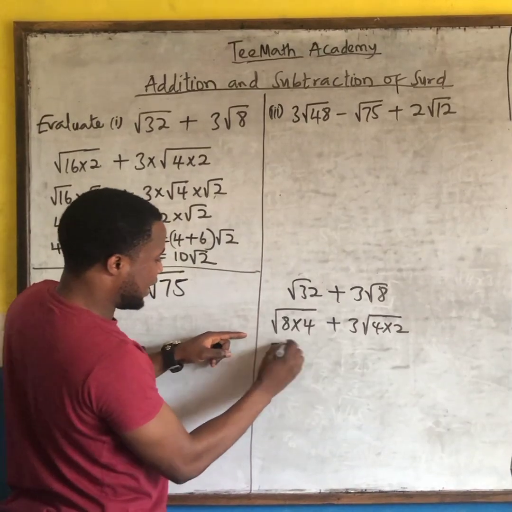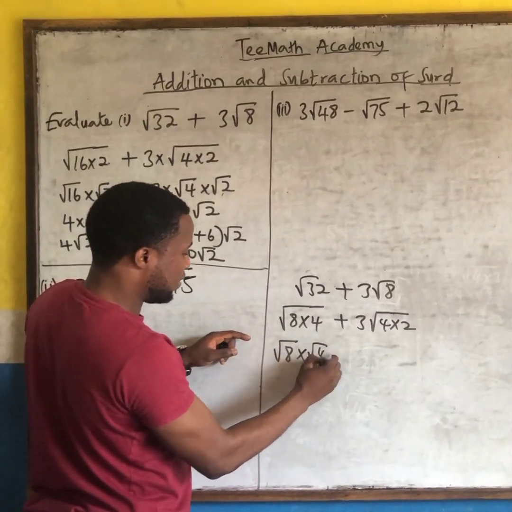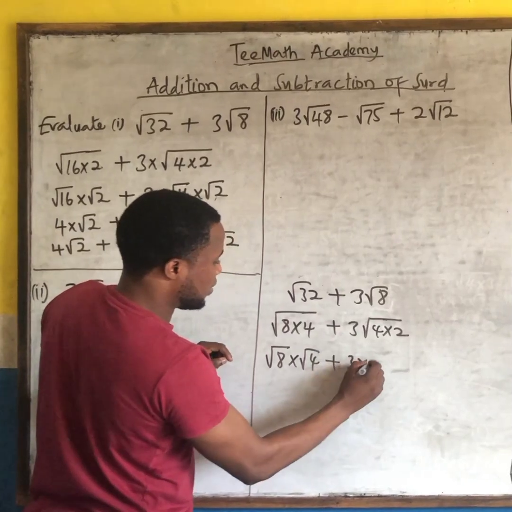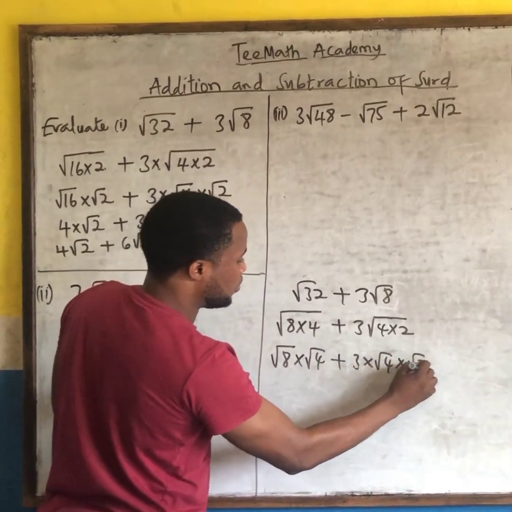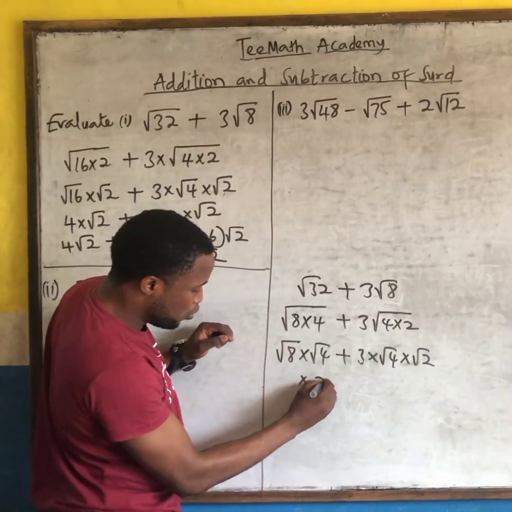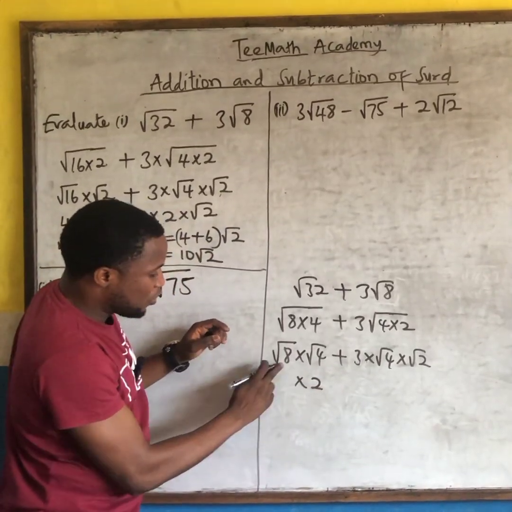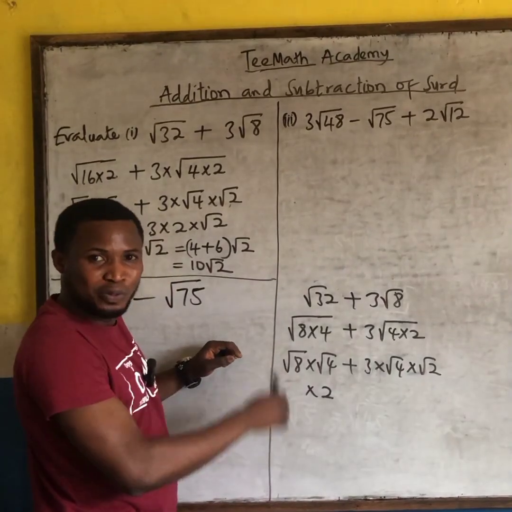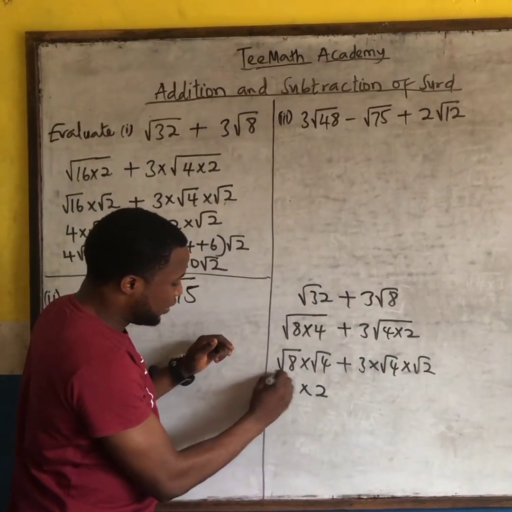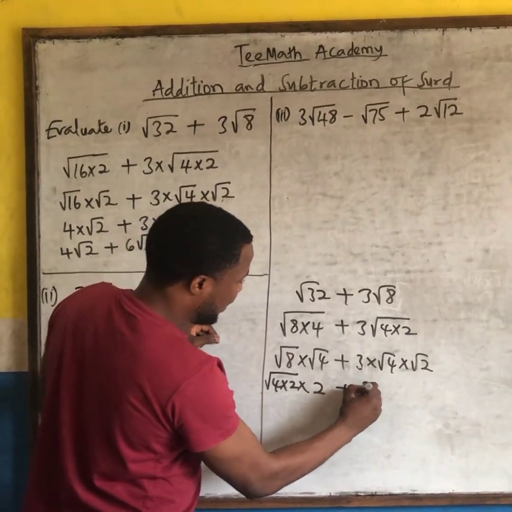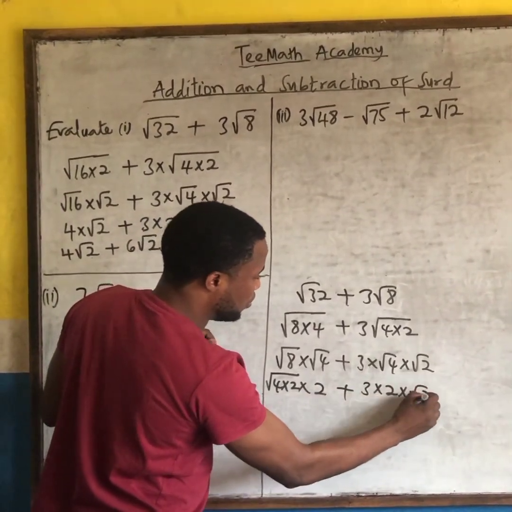That means I need to break 8 down, also 4 down, plus 3 root 4, 3 times root 4 times root 2. Now, look at this one. Root 4 is 2. But I cannot just say root 8. 8 is not in its basic form. It can be broken down. So I can also say root 8 is now 2 times root 2. Then plus 3 times 2 times root 2.